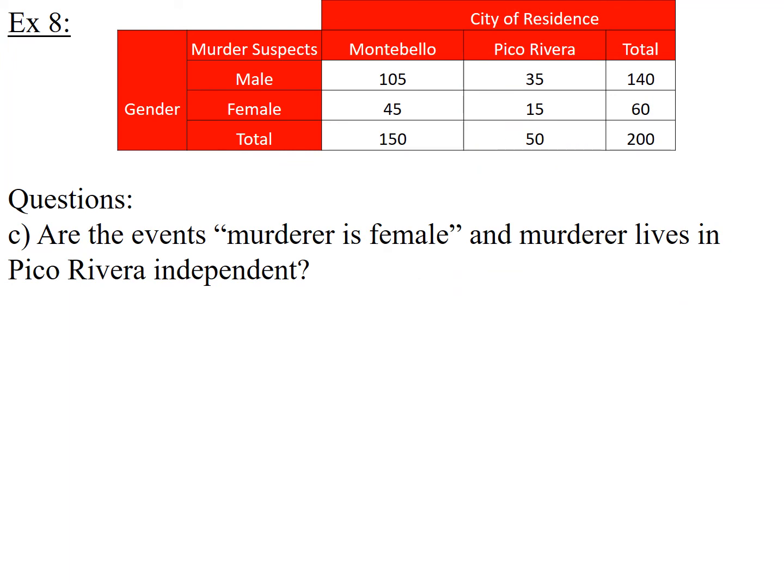So this last part says, are the events murderer is female and murderer lives in Pico Rivera independent? Okay, so to check for independence, we're going to go like this. We're going to do a conditional probability first, then a regular probability here.